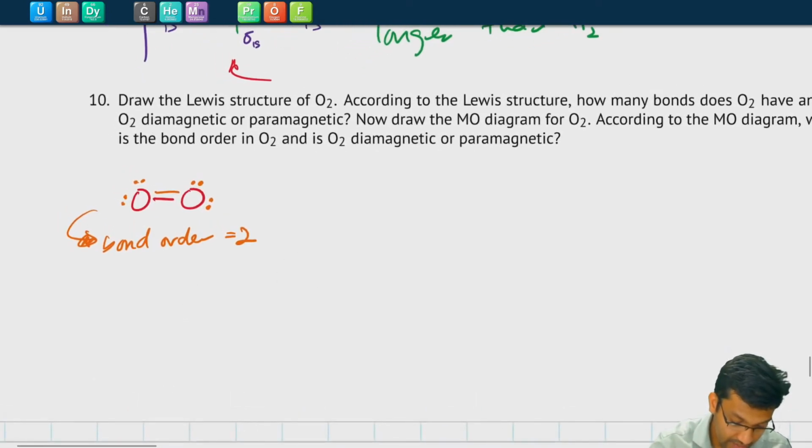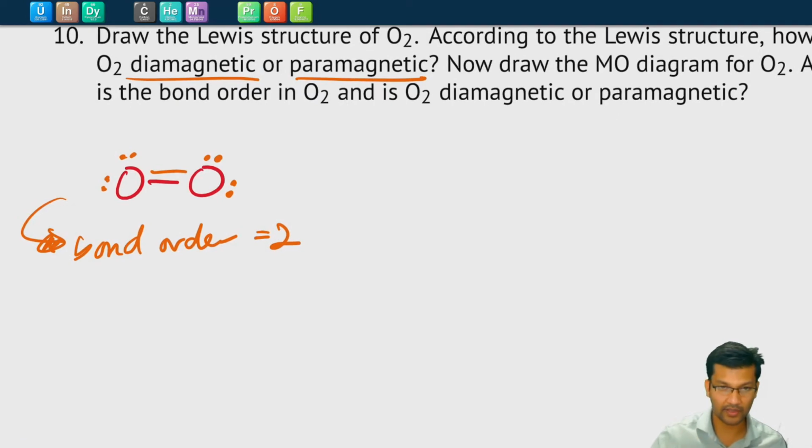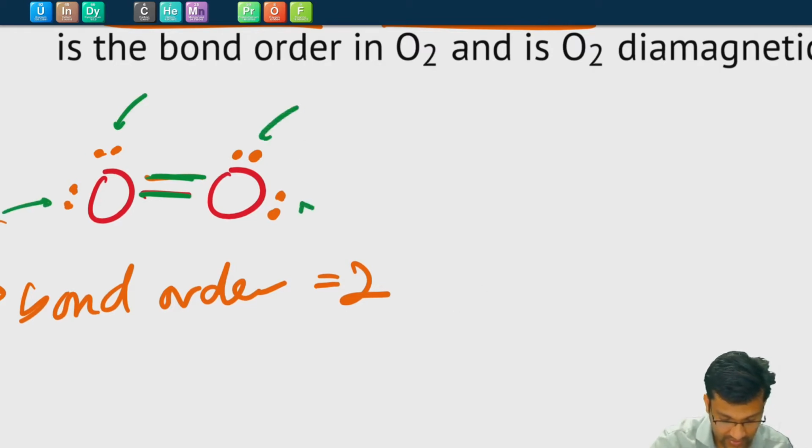And is O2 diamagnetic or paramagnetic? Well, diamagnetic versus paramagnetic has to do with unpaired electrons. But here we have the bonds. They're always paired, right? Each bond is a pair of electrons. Here we have a pair, here's another pair, here there's a pair, here there's a pair.